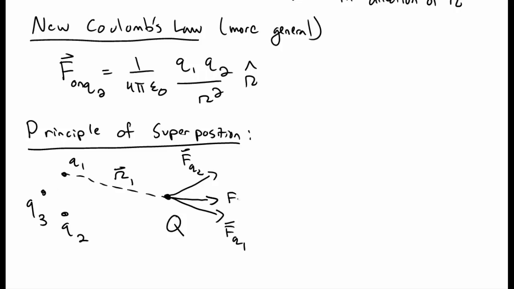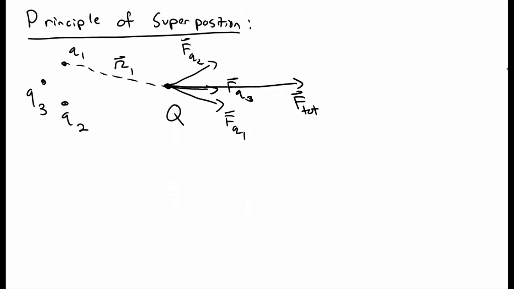And of course, like all forces, these forces will add together vectorially to give a total net force. So we're just going to say that the total net force on big Q is just the sum of each of these individual forces, dot, dot, dot.